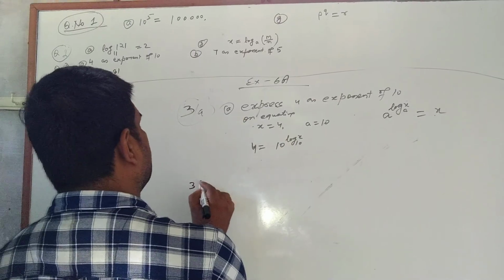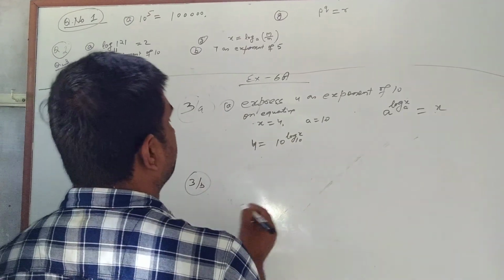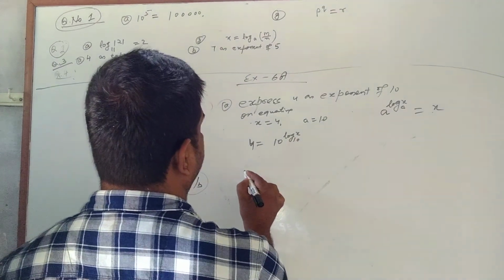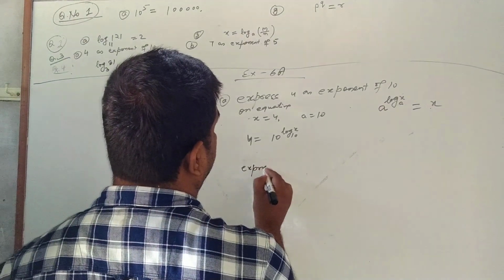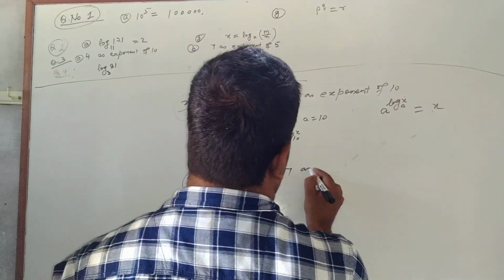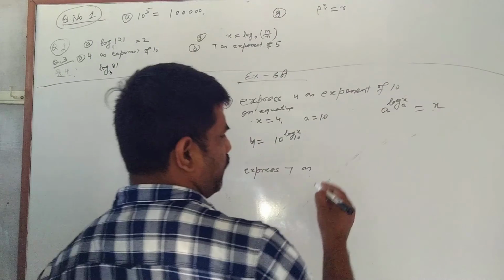Similarly, third question, B part: express 7 as an exponent of 5.